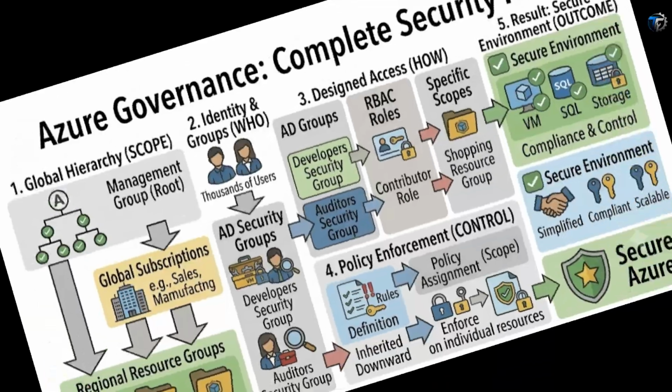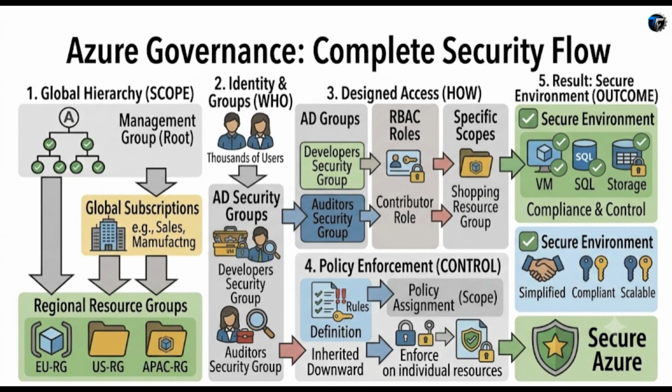Over the last few lessons, we've built the Azure hierarchy step by step. Management groups organize subscriptions. Subscriptions organize resource groups. Resource groups organize resources. RBAC controls who can access them. Now you understand how enterprise Azure environments remain organized, secure, and manageable.